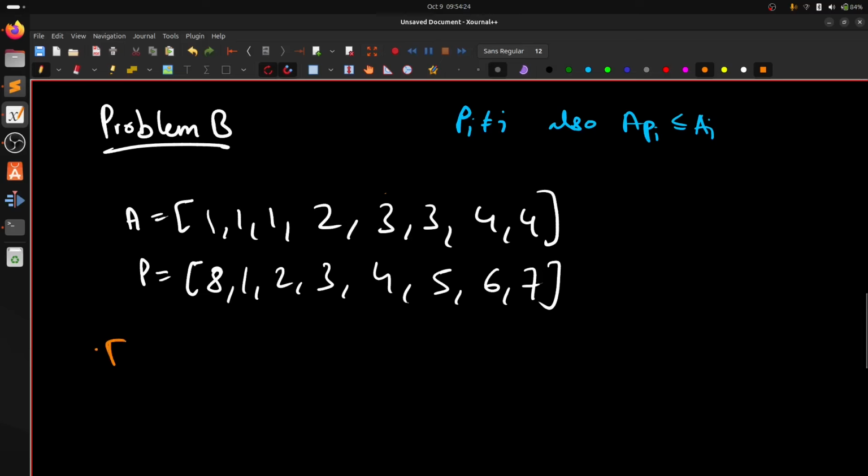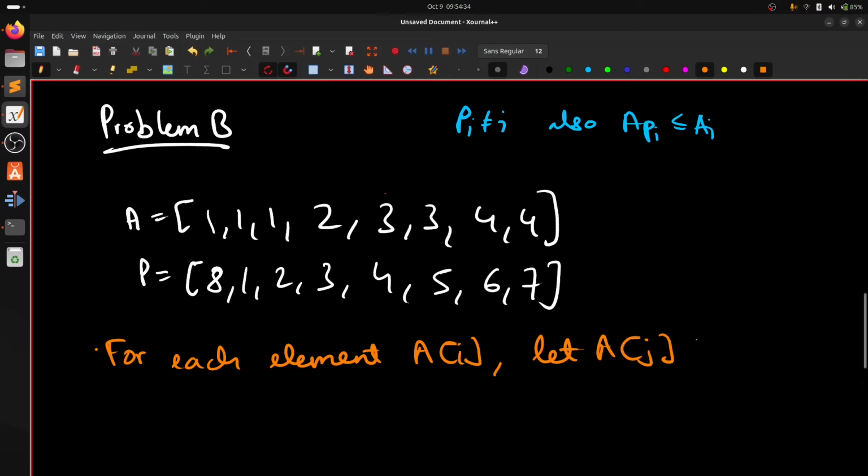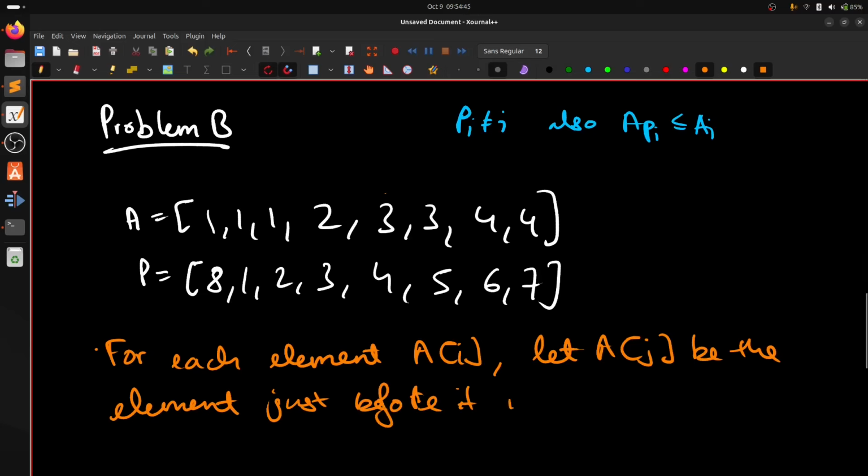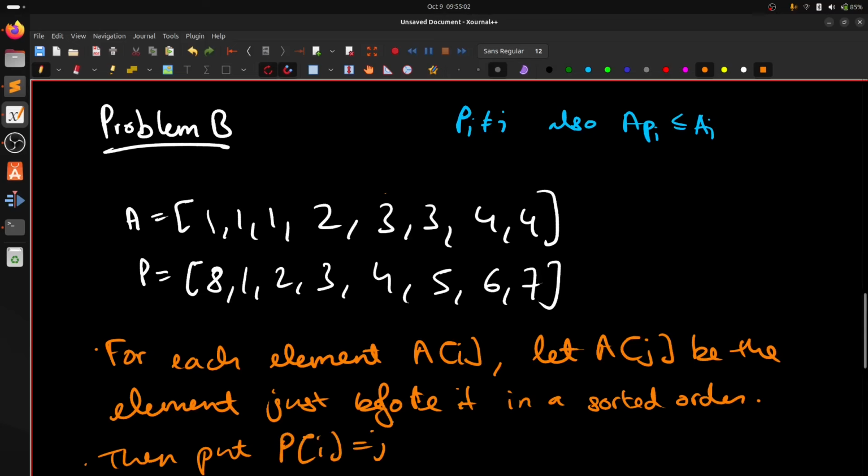For each element A of I, let A of j be the element just before it in a sorted order, then put P of I equals j, correct?